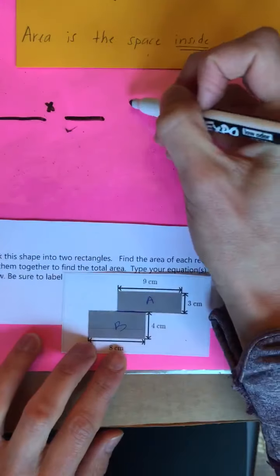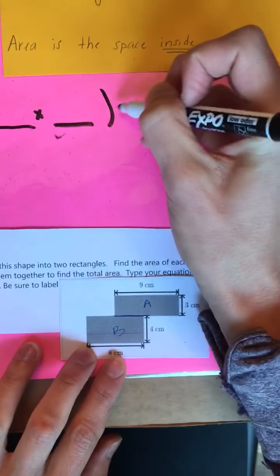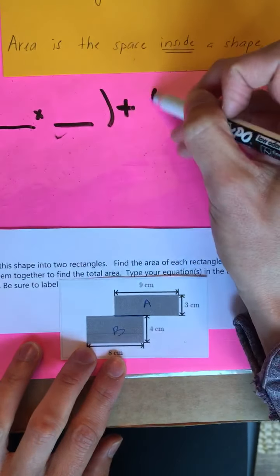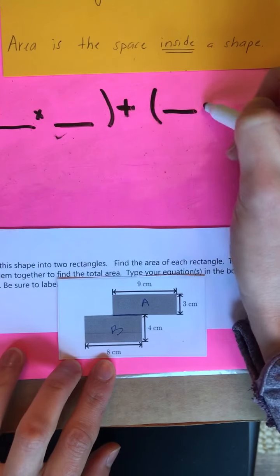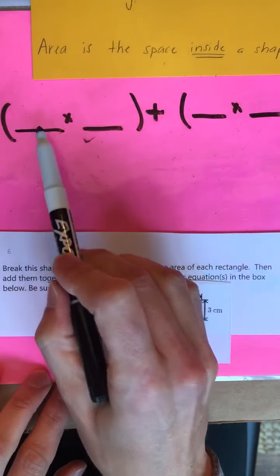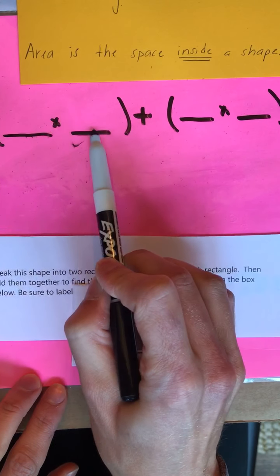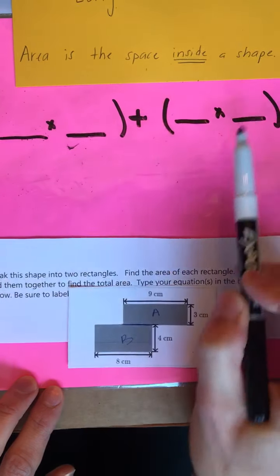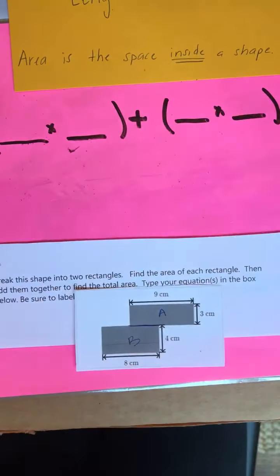And then I'm going to put parentheses around it, and I'm going to add my area of B, my length times my width. Okay, friends, when you're done finding the length and the width, multiply to find the area and add your two parts together.